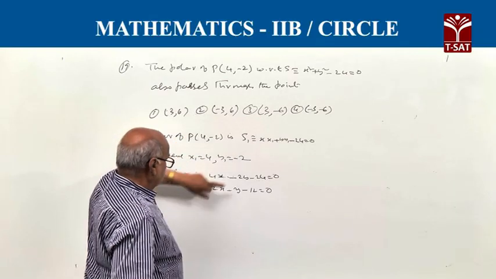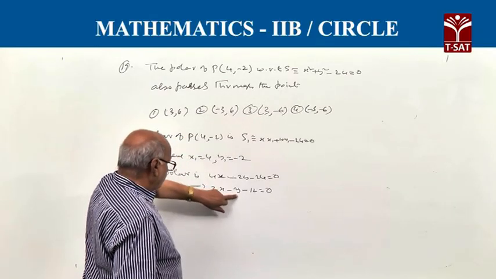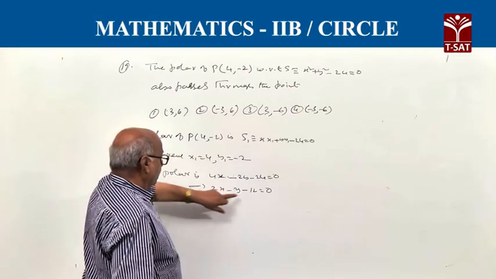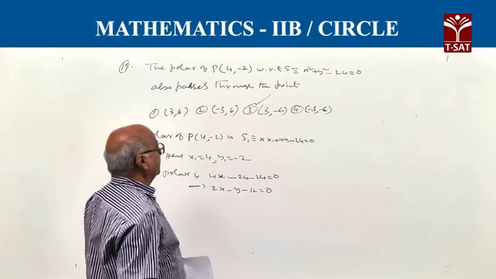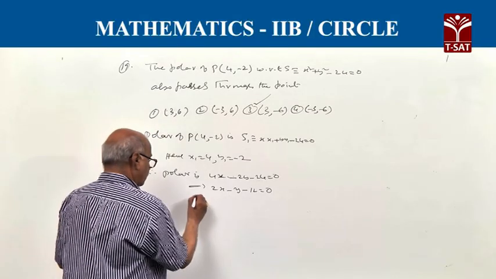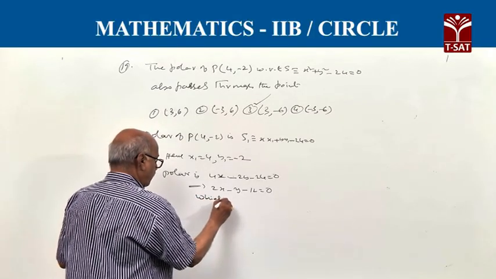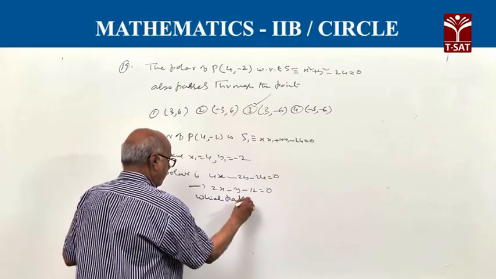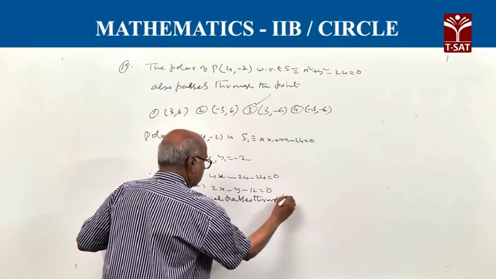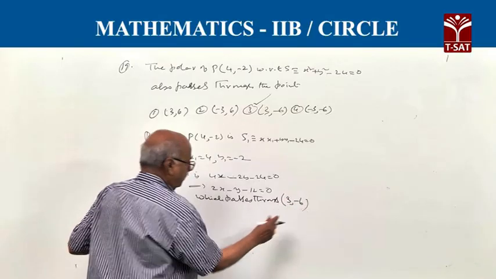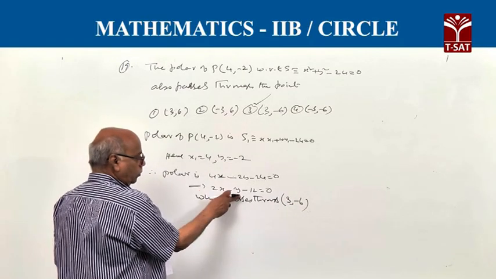Take (3, −6): 6 + 6 is 12, 12 − 12 = 0. So that also passes through the point (3, −6). Please see, x is equal to 3, y is equal to −6.